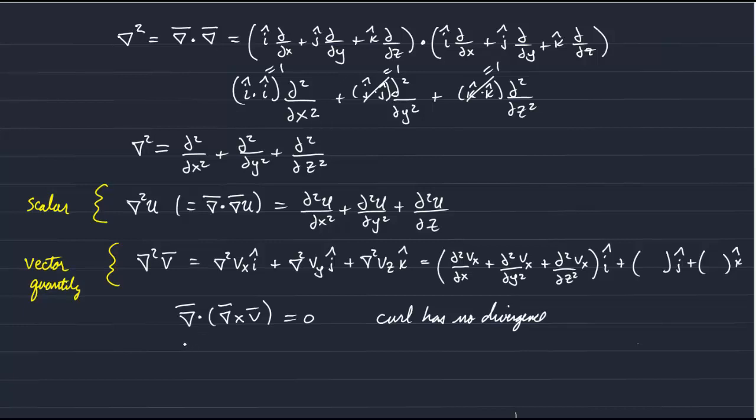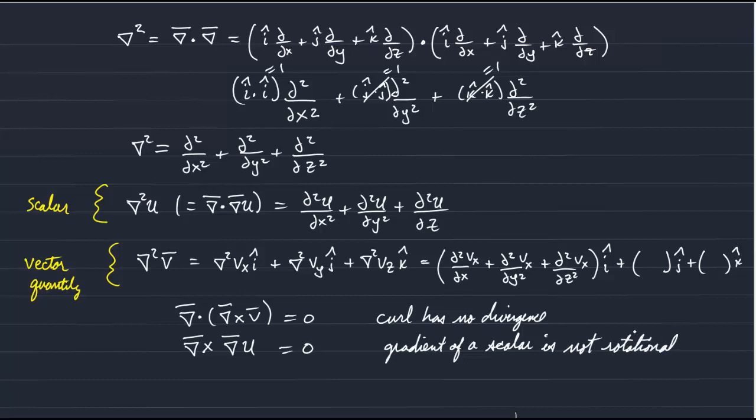We could take the curl of a vector, and that vector is the gradient of a scalar, and that's equal to 0. That is, the gradient of a scalar is not rotational, right? The curl, remember, tells us how quickly a given point is rotating, and if the curl is 0, then there's no rotation. So the gradient of a scalar field has no rotation.